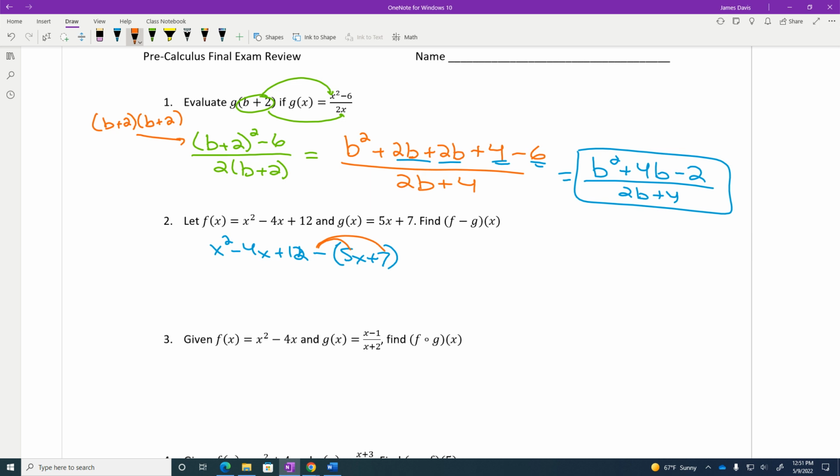So we're going to get 4x squared. This becomes minus 5x, so we have a negative 4 and a negative 5, so we just have minus 9x. And then we have 12, and then it also becomes a minus 7, so it becomes plus 5. X squared minus x plus 5.